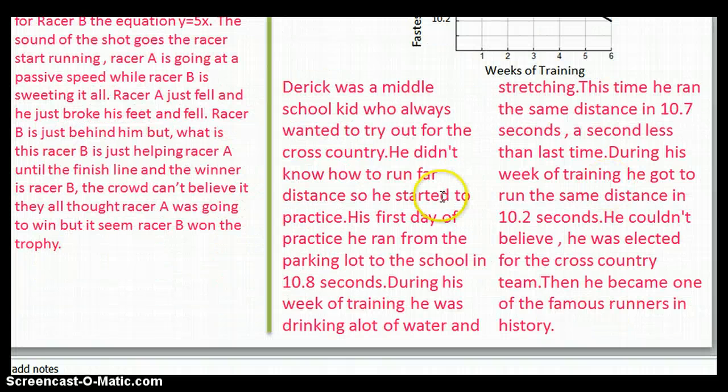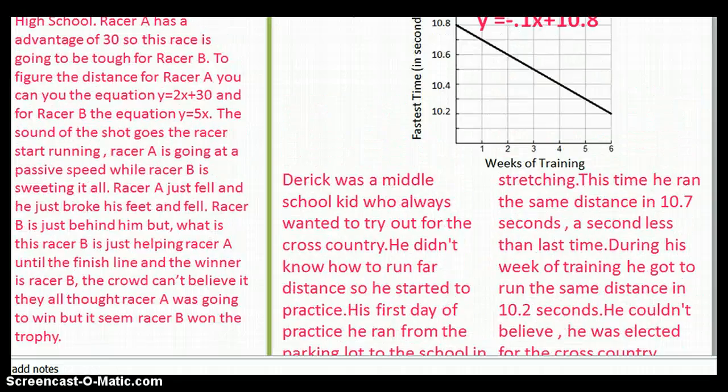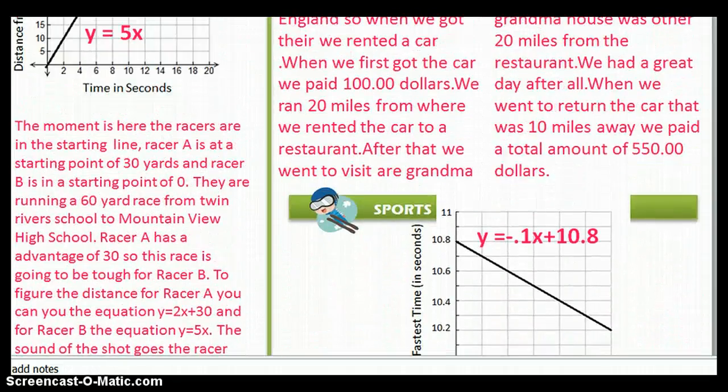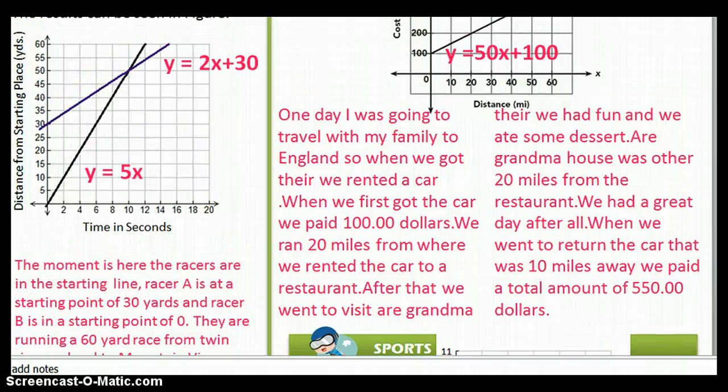And then on page 2, he had to write his own scenario. This one is talking about a race. The people started at 30 yards, which is their initial value, the y-intercept, and then went up 2 yards per second.